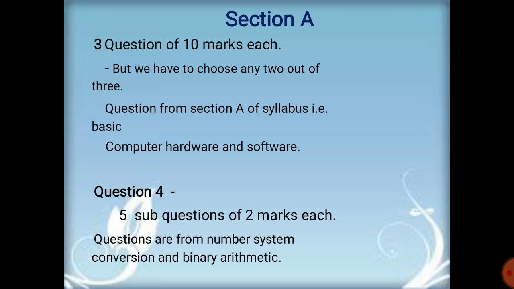All the questions are from number system conversion and binary arithmetic. This is an easy question for class 11 students. It is quite easy to score 10 out of 10.